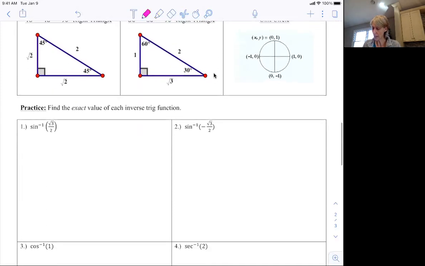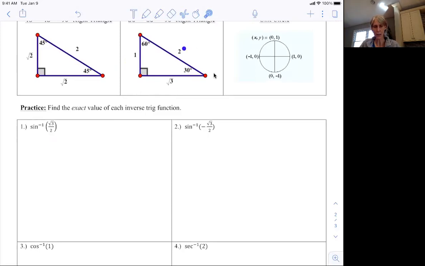Find the exact value of each inverse trig. So remember, when I read the problem, my answer is the angle whose sine is radical 3/2. I look to my triangles and I see radical 3's and 2's on this triangle. The angle whose sine is radical 3/2: do I get opposite over hypotenuse from this angle, or from this angle?